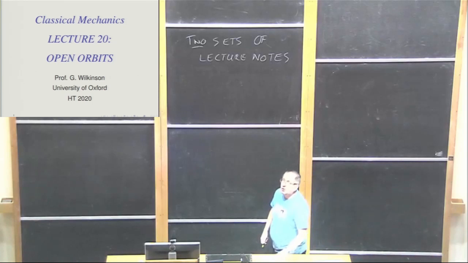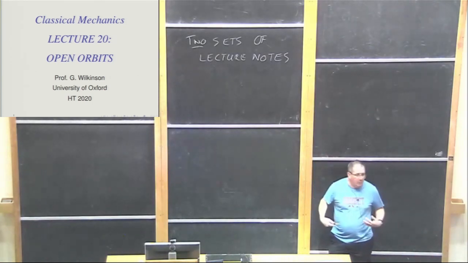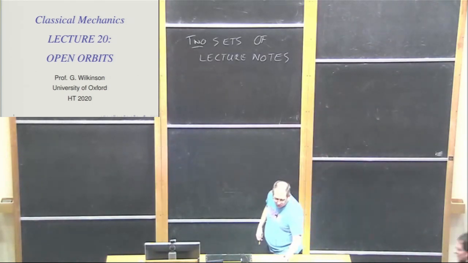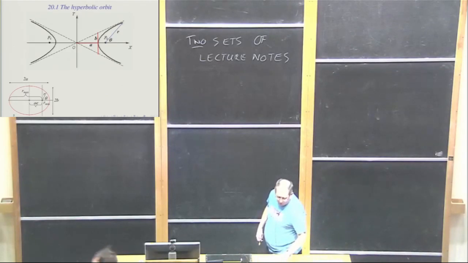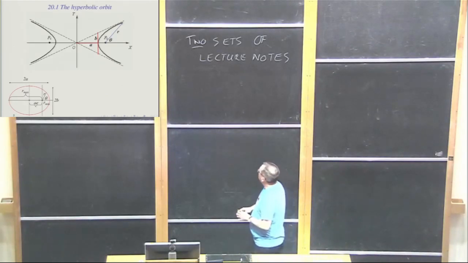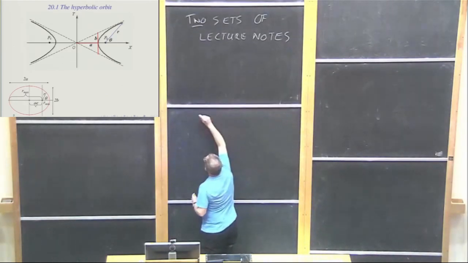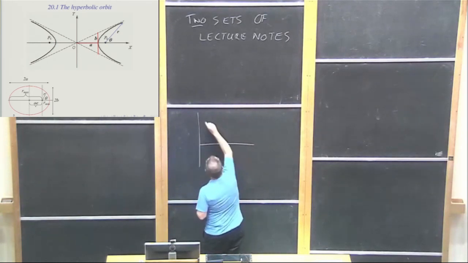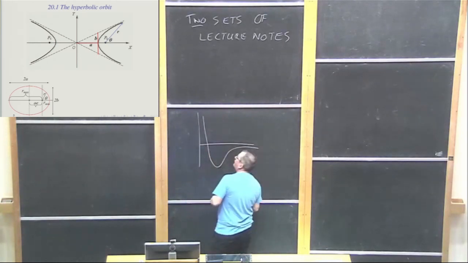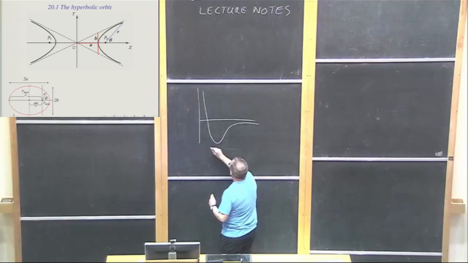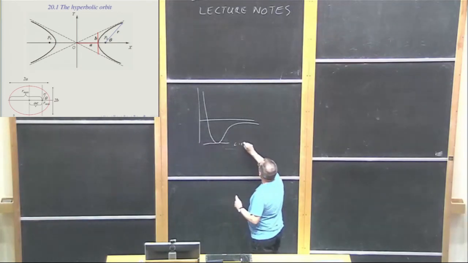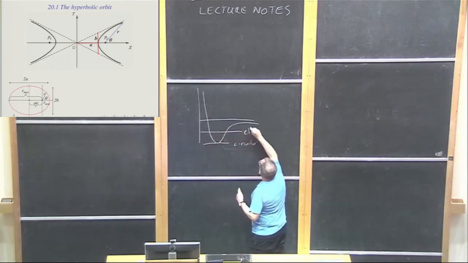So we spent a lot of time talking about elliptical orbits. Let's now talk about open orbits. So to be clear, if I draw yet again our effective potential, we've dealt with circular and we've dealt with elliptical.